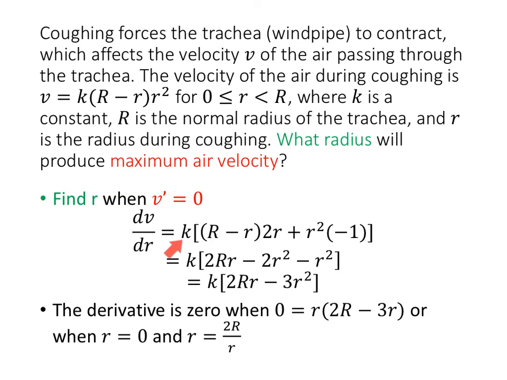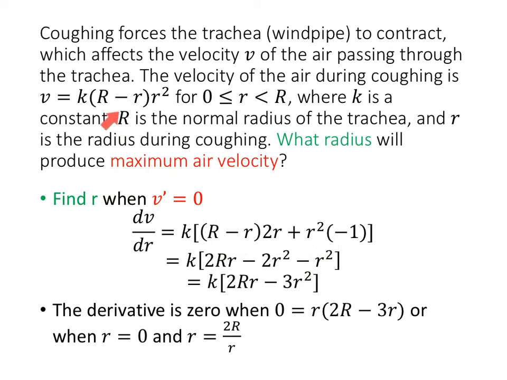When I take my derivative, remember k is a constant. So I'm leaving this k out in front, and then I'm taking the derivative of big R minus little r times r squared. Big R minus little r times 2r plus r squared times the derivative of big R minus little r. Big R, the normal radius of the trachea, is a constant. The little r is what's changing based on the cough radius.